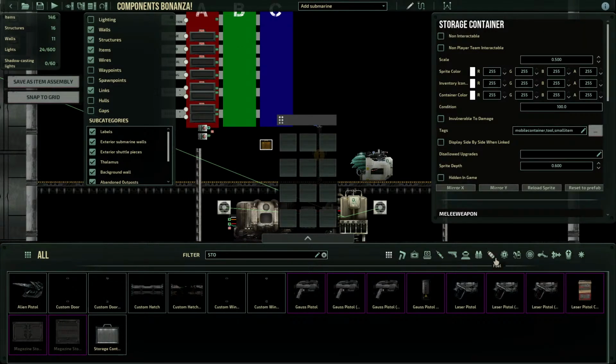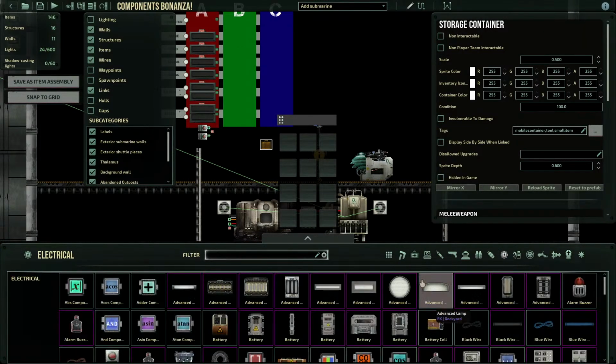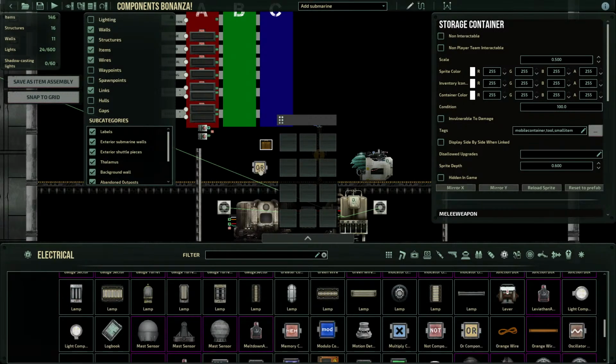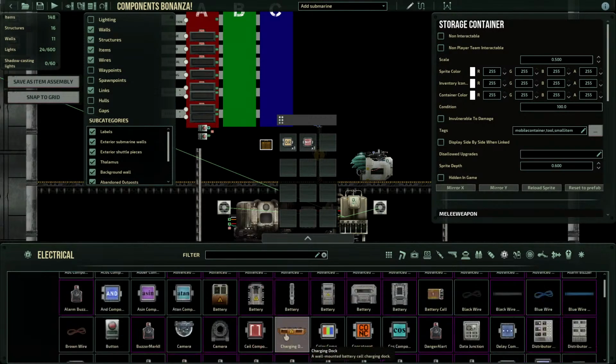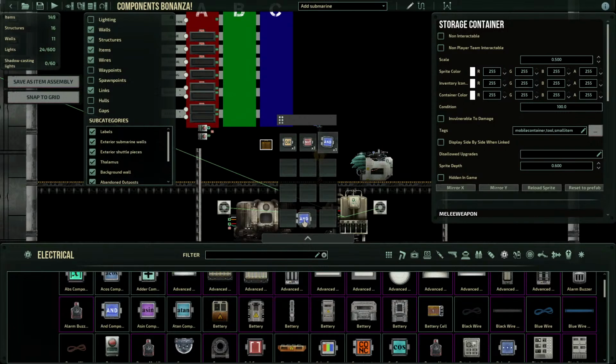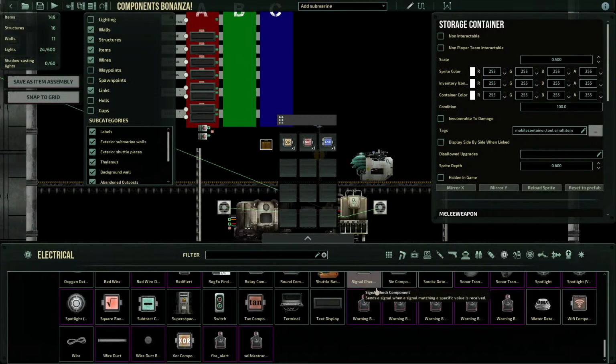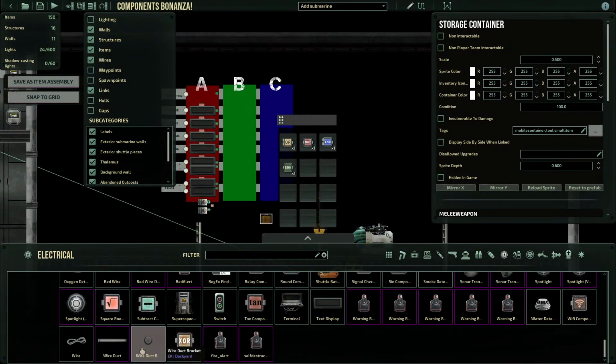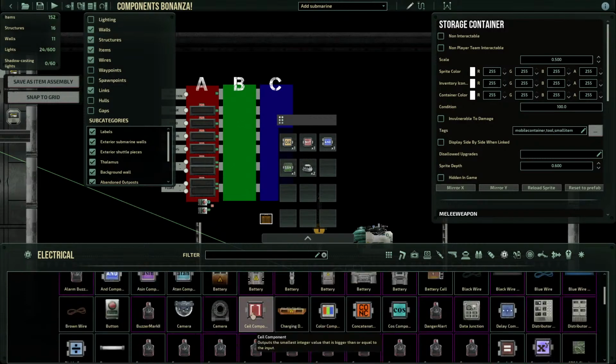We're going to put in here an OR component, an OR component, an AND component, a signal check, 2 water detectors, and a light.